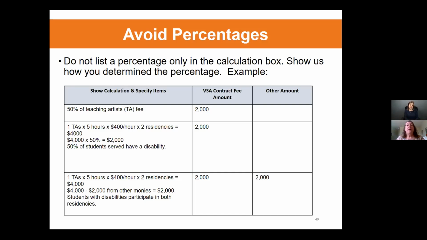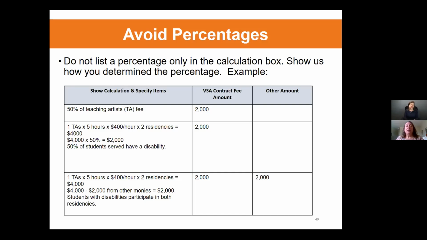We don't know why the full teaching artist fee is $4,000, and we don't know why the contract fee is for 50% of the total. The second line of the table improves the entry by showing the calculation for the total teaching artist fee.